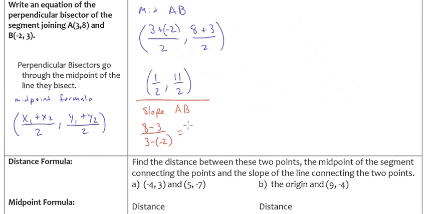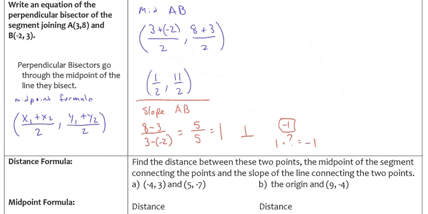And then again, this is the slope of AB, so we're going to have 5 over 5, the slope of 1. We want the perpendicular bisector, so what is perpendicular to 1? Well, what times 1 gives me negative 1? Well, it's going to be negative 1. So the slope of our new line, our perpendicular bisector, is negative 1. That's going to be our new slope.